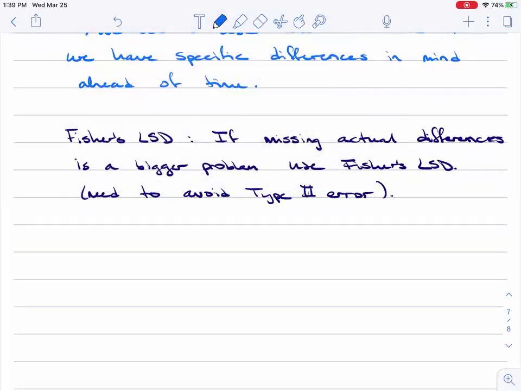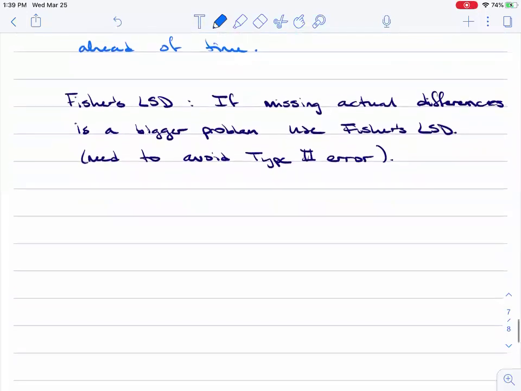But I will add Fisher's LSD is most useful if you're doing some sort of exploratory analysis, right? Where you just want to know, okay, are there any differences here? You're opening up for potential differences being significant that aren't necessarily, right?